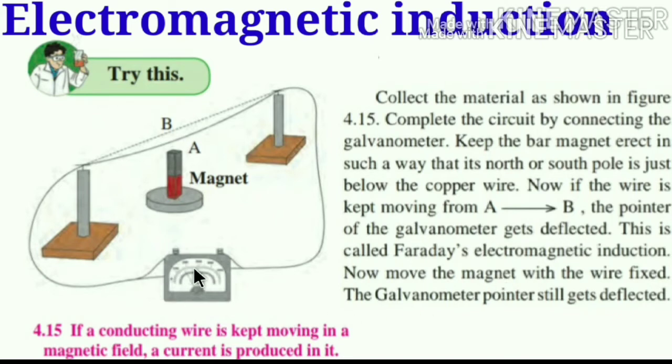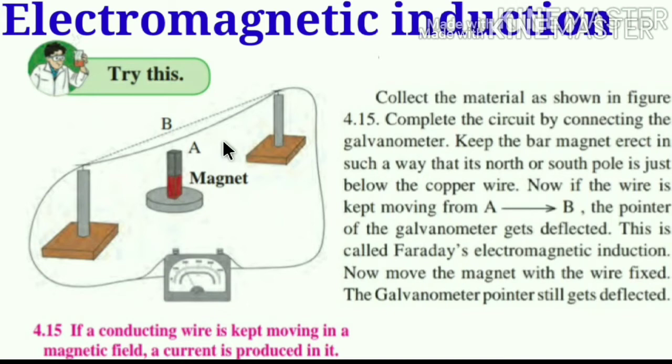This is the magnetic field of the erect magnet, and we move this wire in this magnetic field. The deflection of the galvanometer shows that current is present in this wire.